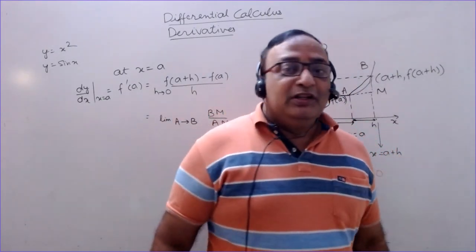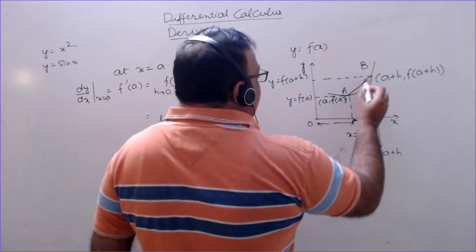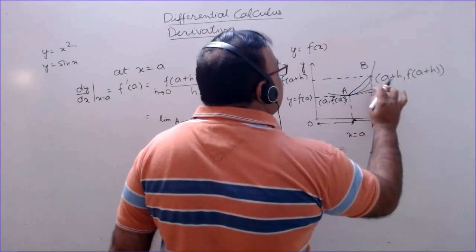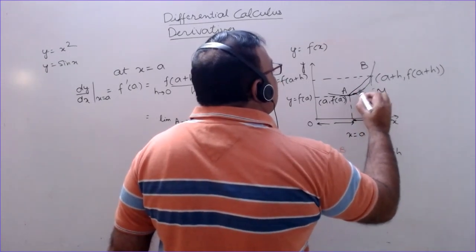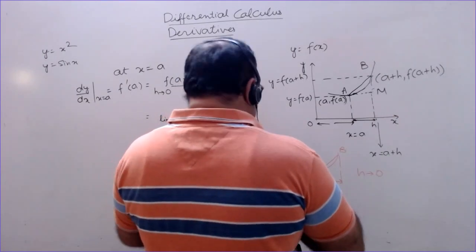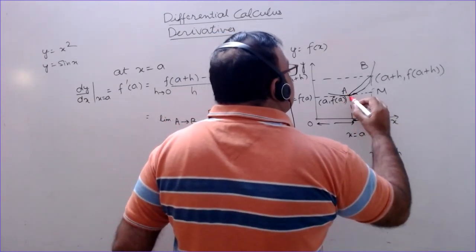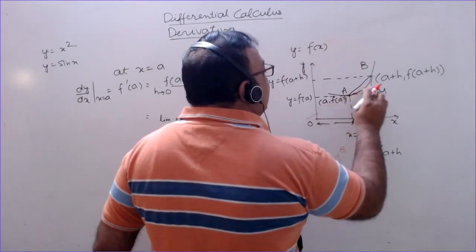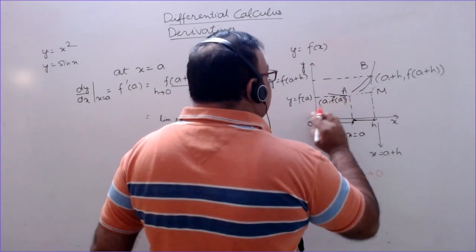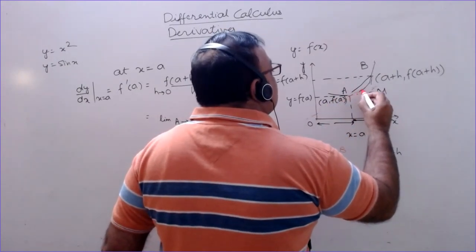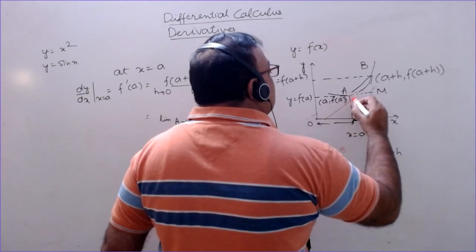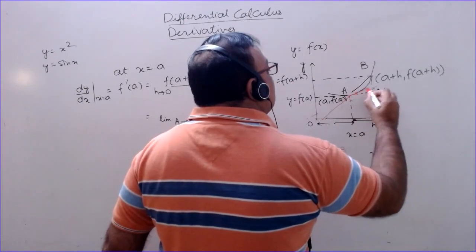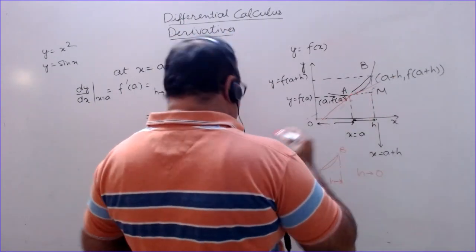What does this mean? When a and b approach each other, then we can draw a tangent at this point. This is the tangent when a approaches b.